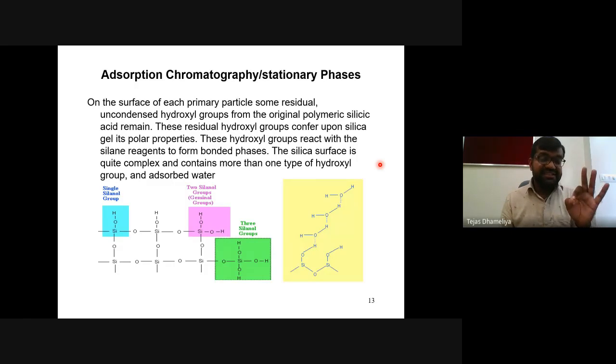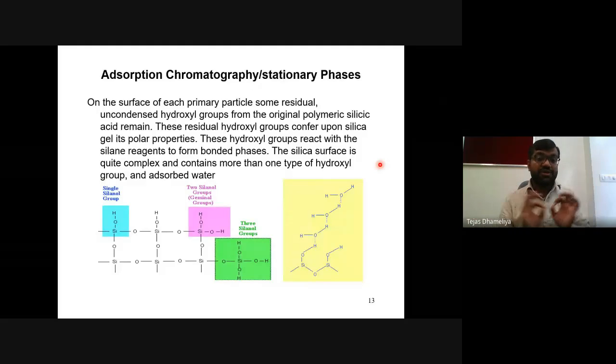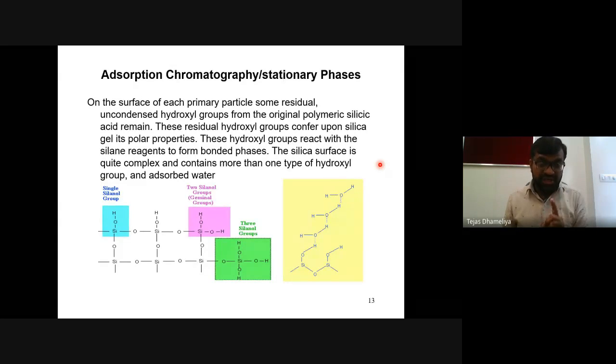To prevent their inactivation, silica gel should be stored tightly in a container, and always stored in a desiccator or moisture-free environment. Because if we do not store silica gels in a moisture-free environment, and once it absorbs the moisture, then they will become inactive.